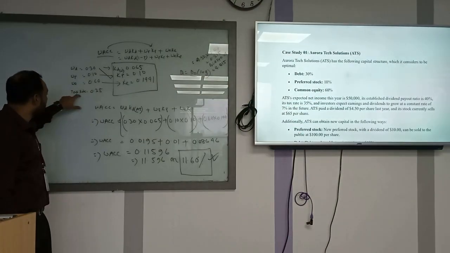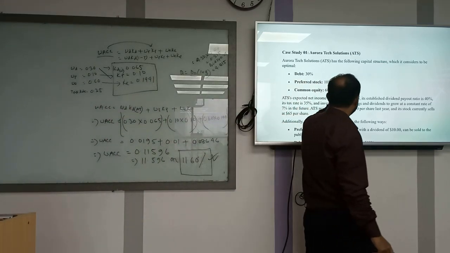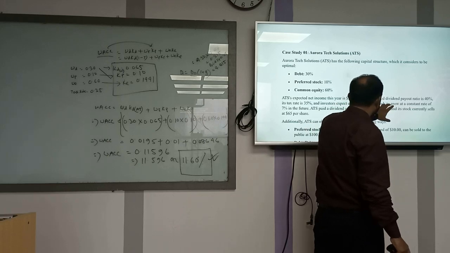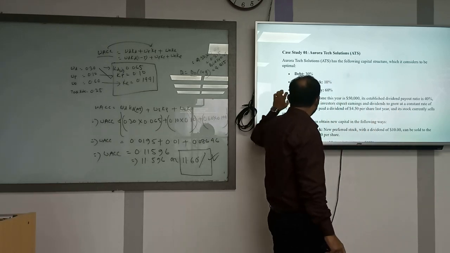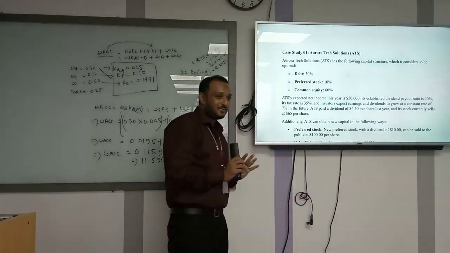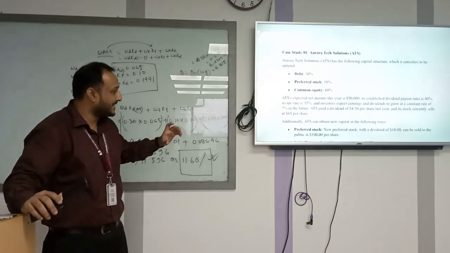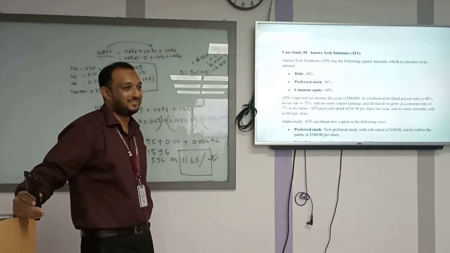The tax rate is also given. Now see, there is some information here: expected net income this year is 50,000 and its established dividend payout ratio is 40%. This information has nothing to do with this math. These two pieces of information are actually of no use in this math, yes, but they have been given to confuse.